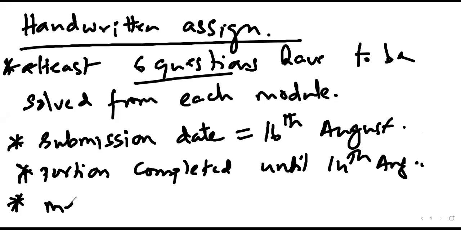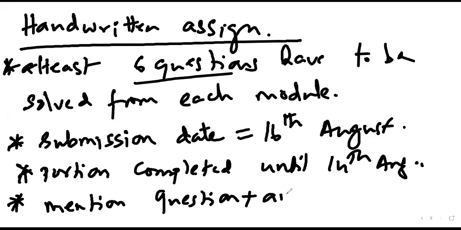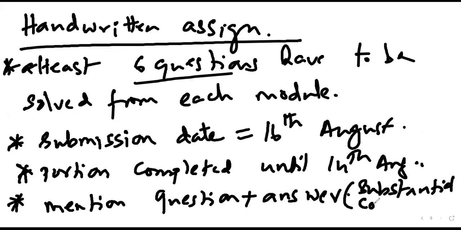Mention the question and then the answer. Now the answer has to have substantial content or description, because when I say that only 6 questions have to be solved, it does not mean answering in only 6 lines. If it is a theory question, see that you are answering it properly.